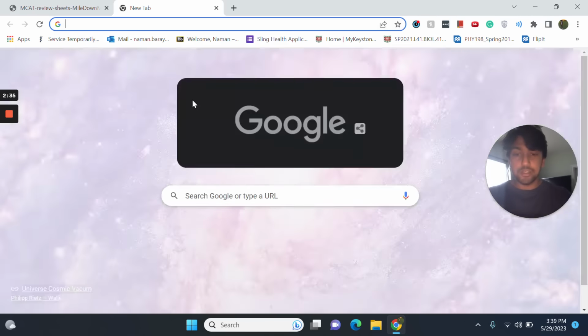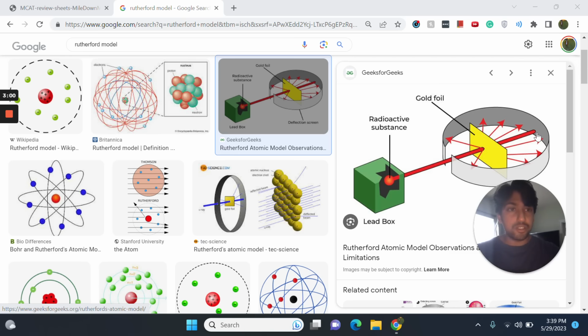He expected almost all of the alpha particles to move straight through the gold foil and leave a little print on the sheet. What he actually saw is that the majority of the dots were straight through, but it deflected more often than he was thinking, about 5% of the time.